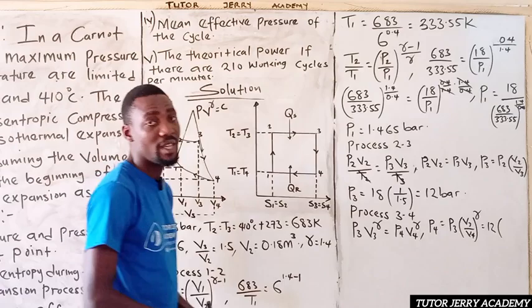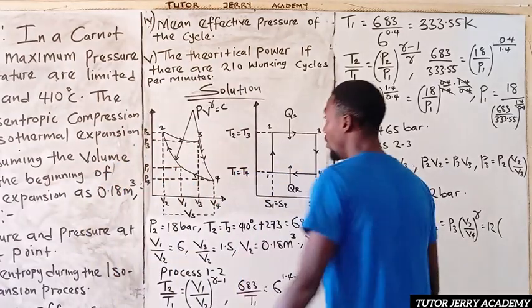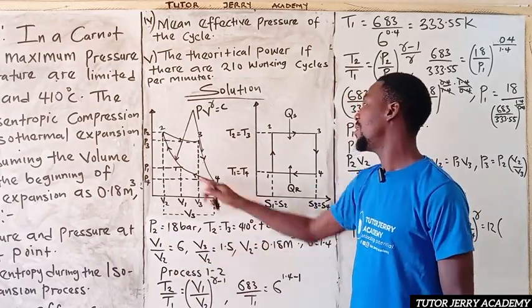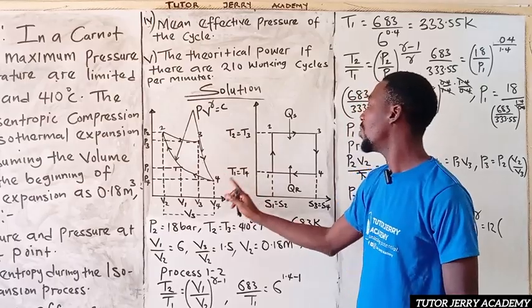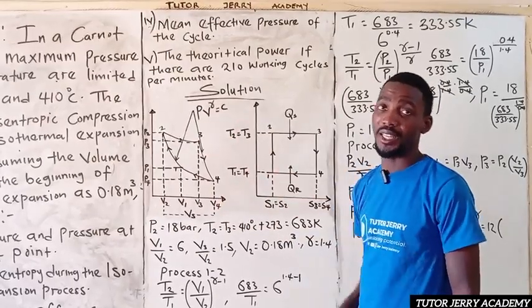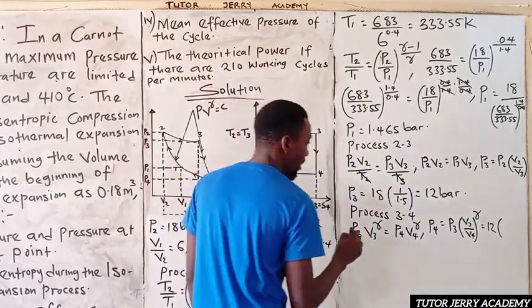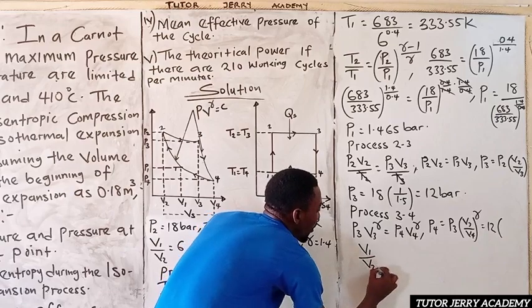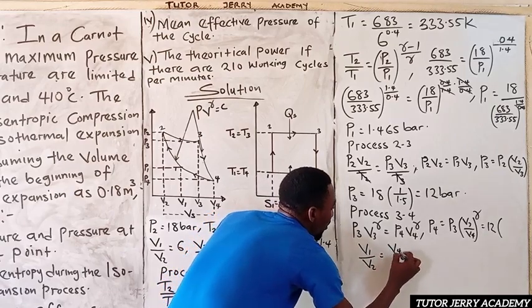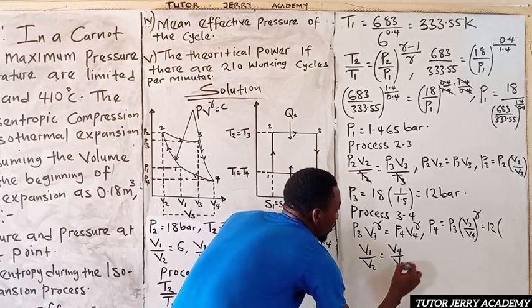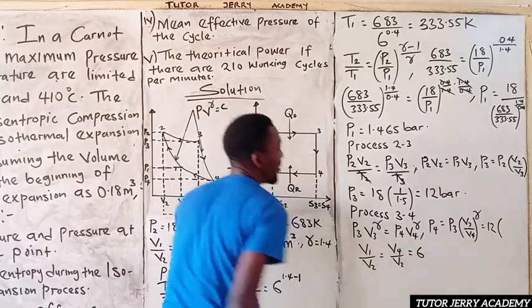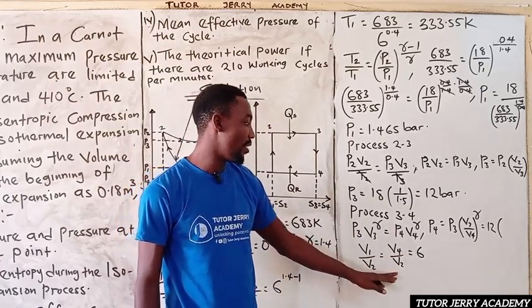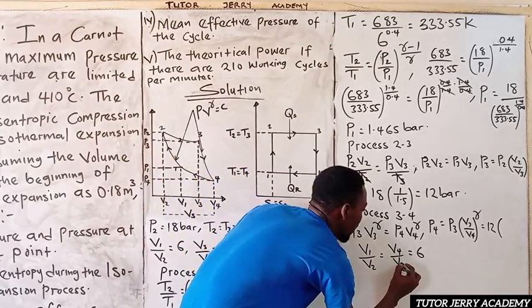Now you are going to recall carefully that V1 over V2 is equal to V4 over V3, not V2, V3.